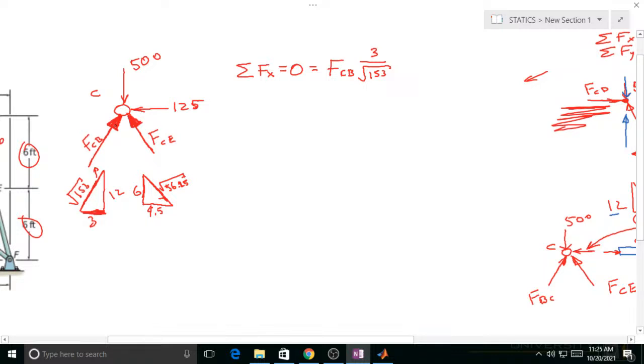And so let's go on to the next one, F minus, because I've assumed it to go up, so that means this component goes to the left, F CE, and it'll be 4.5 ratioed over a square root of the 56.25.